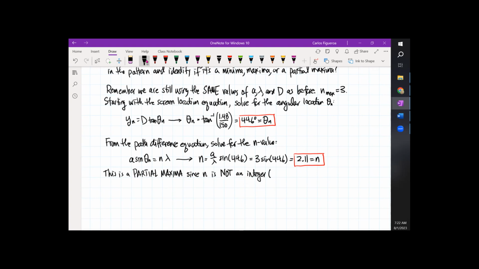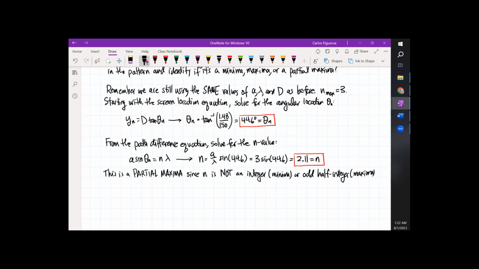If it was an integer, then the ending would be a minima, or an odd half integer, which then the ending would be a maxima.